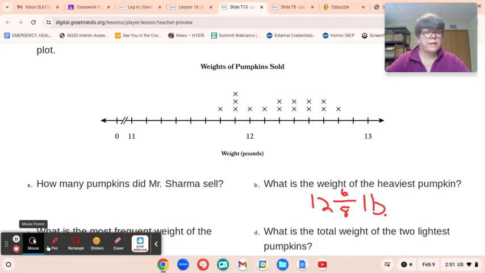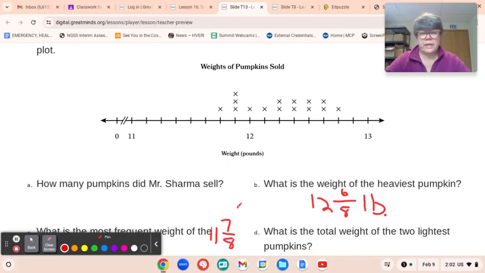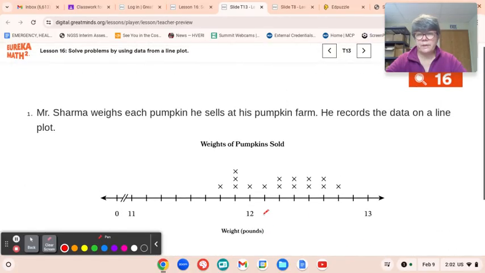So that would be 11 and 7/8 pounds, right? 11 and 7/8, and make sure that you're putting LB to label. We're not measuring in grams, we're measuring in pounds. 11 and 7/8 pounds.